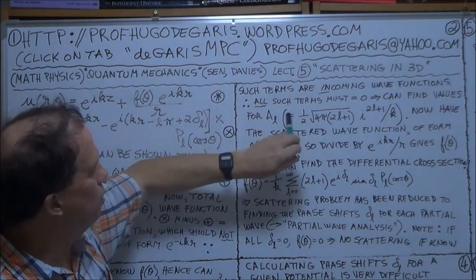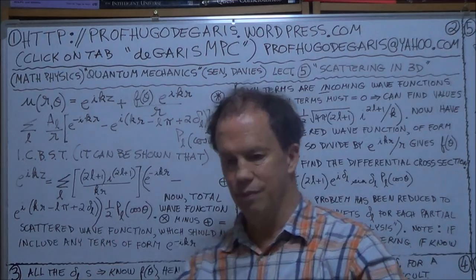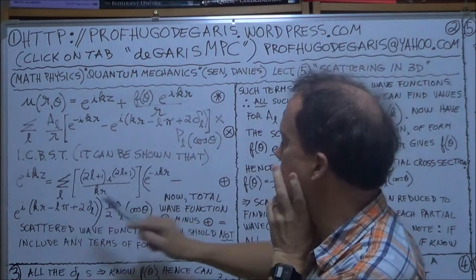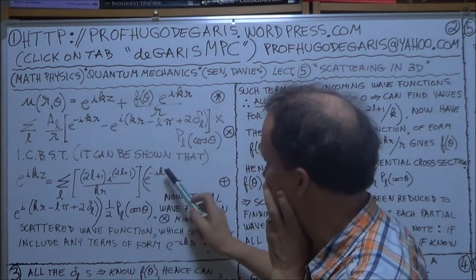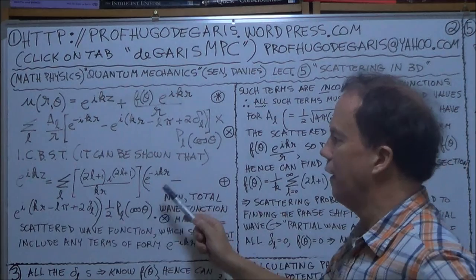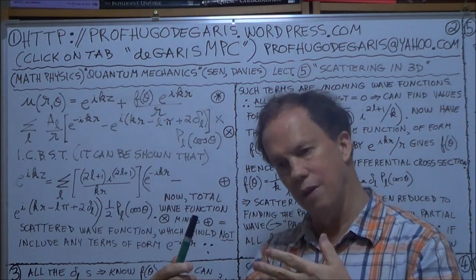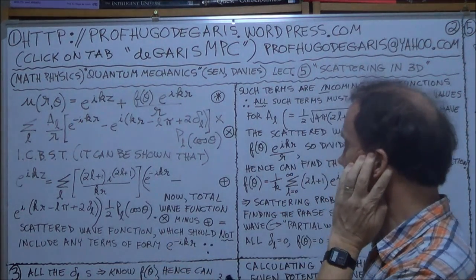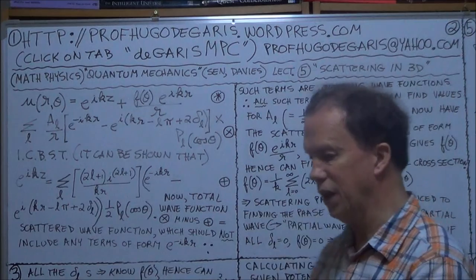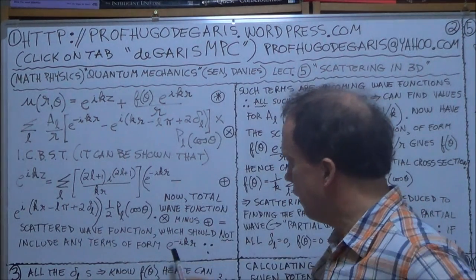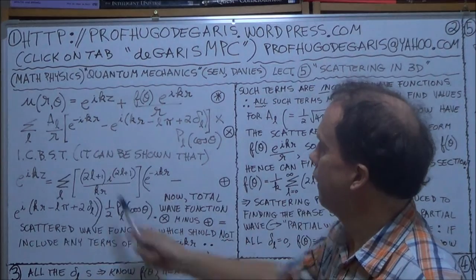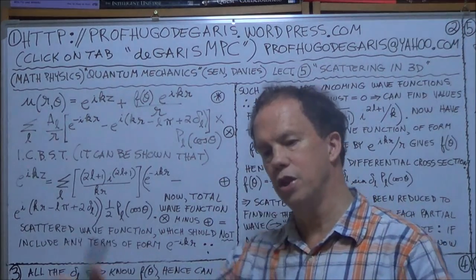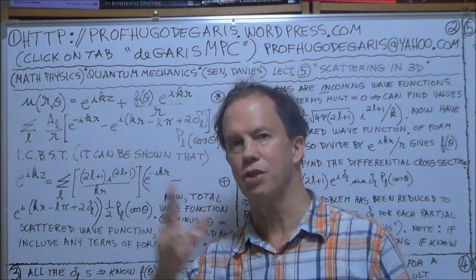That means the scattered waveform here, which is all this minus this, which corresponds to that, that difference, if you have anything within it that looks like an incoming plane wave, its coefficients need to be 0, so that you don't have any partial waves, if you like.